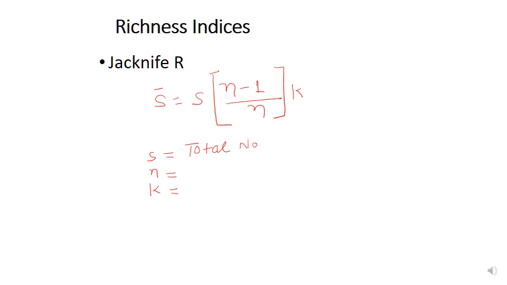N is number of quadrat samples or number of plots sampled.